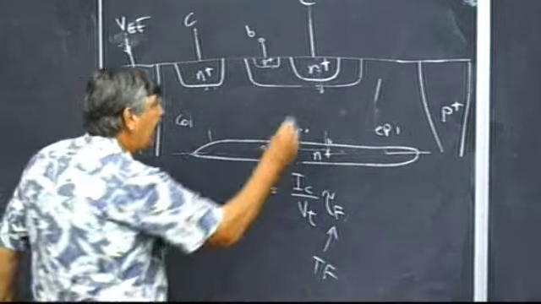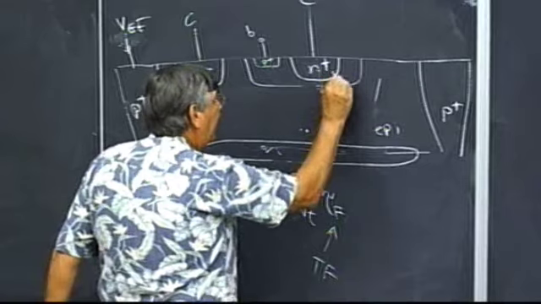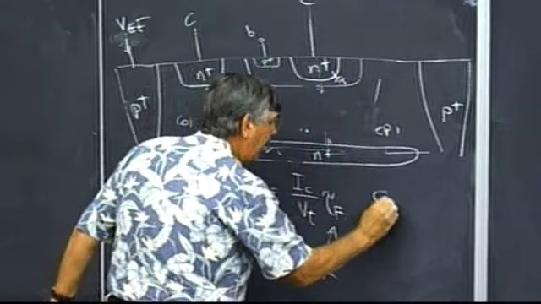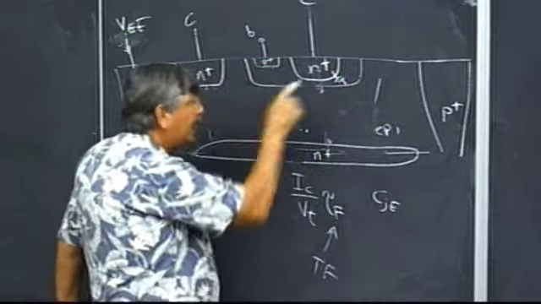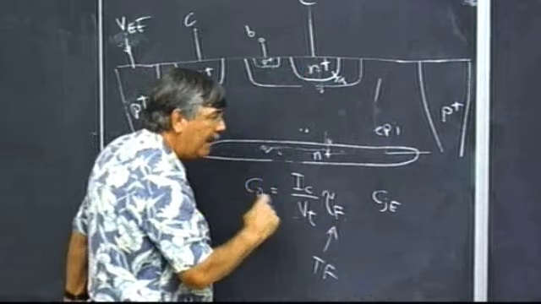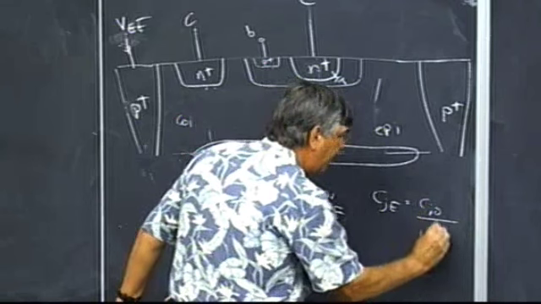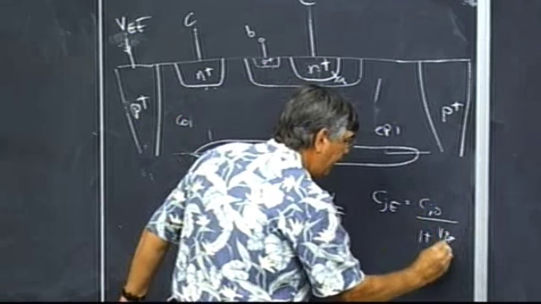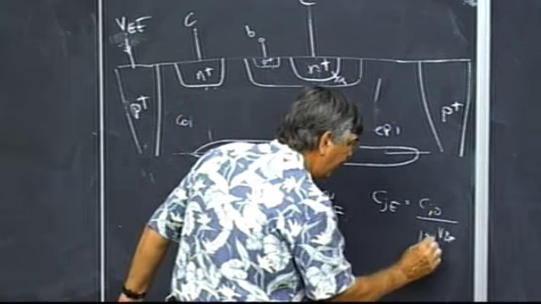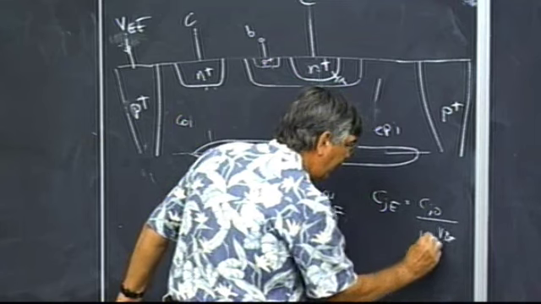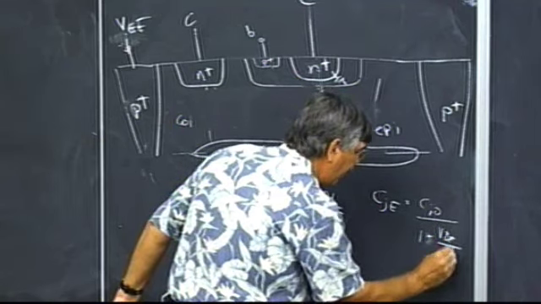But in addition to that, there is a junction capacitance. It's called CJE, and it follows the equations that we had. It's got an area factor that you can multiply by, and it's got a CJ0 divided by 1 plus VBE. That's a forward bias, so I guess it's 1 minus VBE, over some built-in potential.